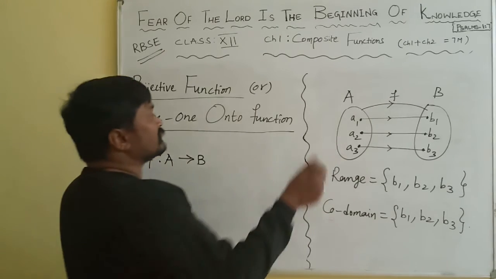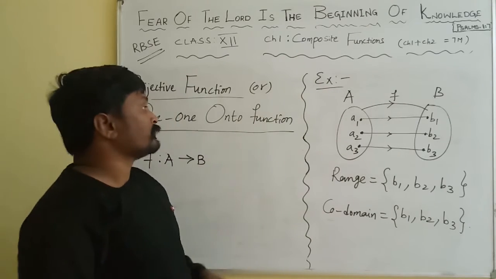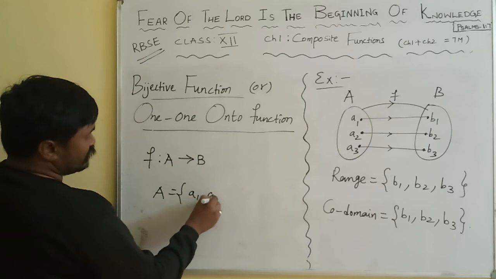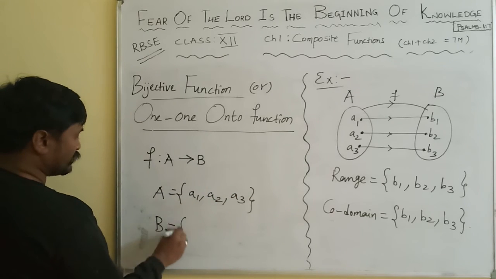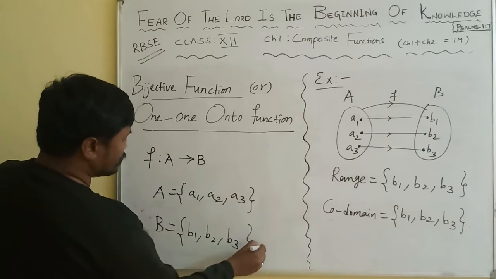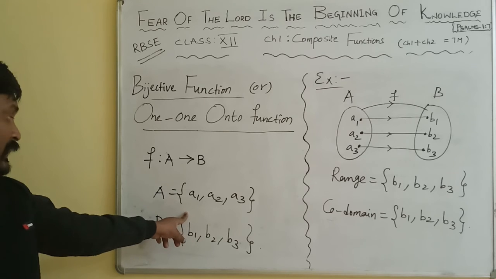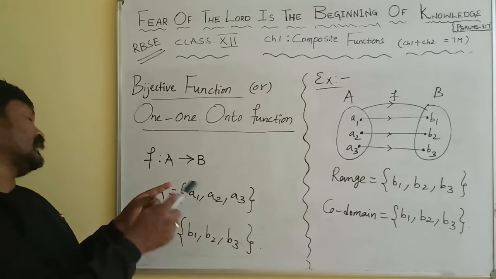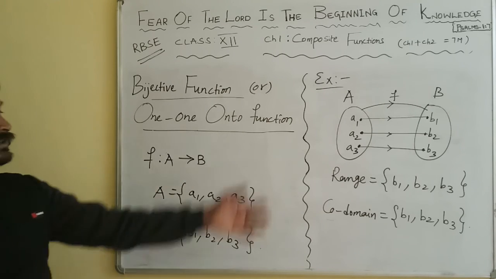Now, the example is the previous one, which we are taking again. Check carefully here. Capital A is equal to A1, A2, A3, and in the same manner capital B is equal to B1, B2, B3. Observe carefully, different elements have relations with different elements, so there is a unique relation. So the one-to-one function is satisfied here itself.